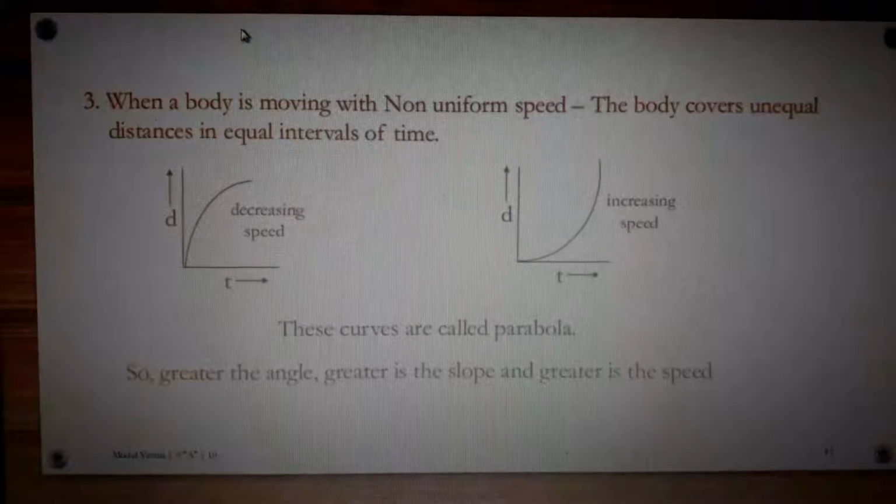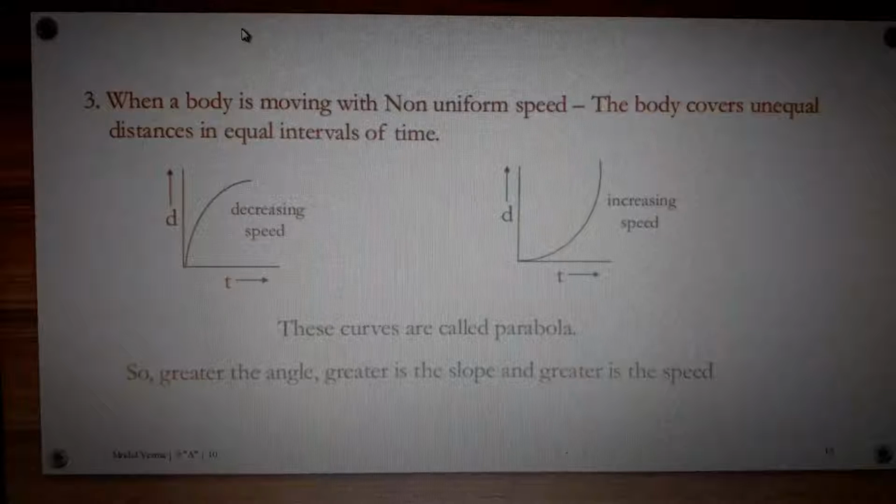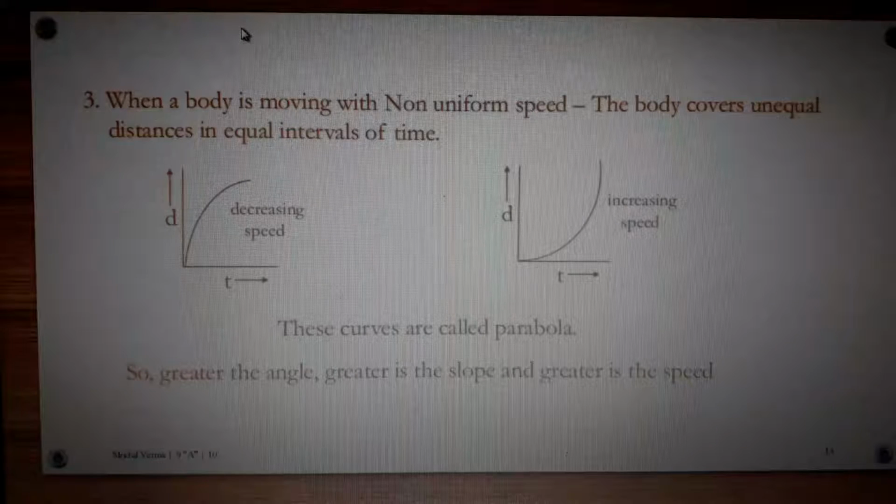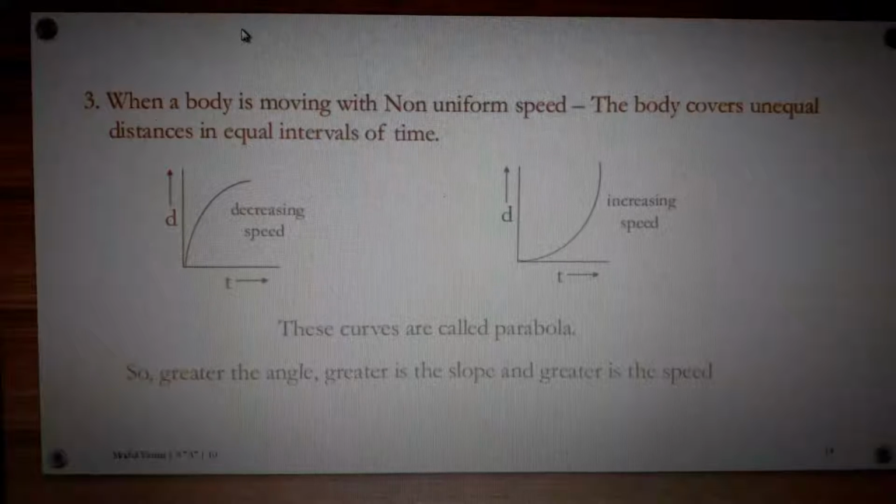So at that time, you will draw 2 types of graph. One is decreasing speed distance time graph and increasing speed distance time graph. In one case, it is bending towards x-axis when the speed is decreasing. In the other case, it is bending away from the x-axis.